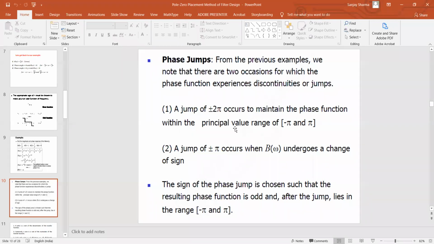This occurs to maintain the phase function within the principal value range of minus pi to pi. Suppose there is a linear phase and the linear phase is going beyond minus pi on the y-axis and beyond pi on the y-axis again. If that is the case, you have to bring the phase back, give it a jump of 2 pi and then start once again.